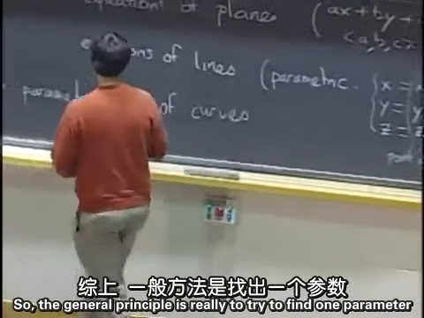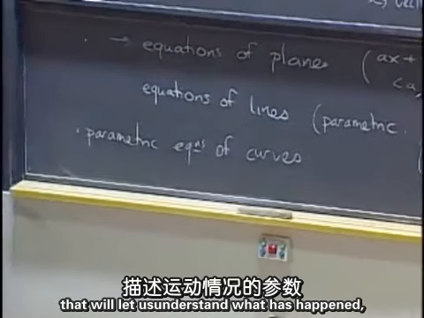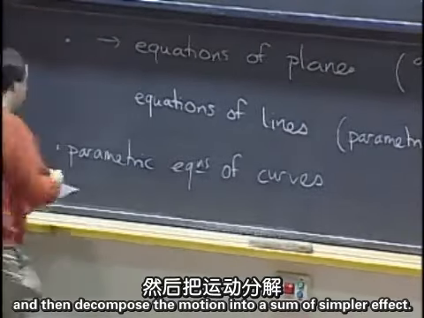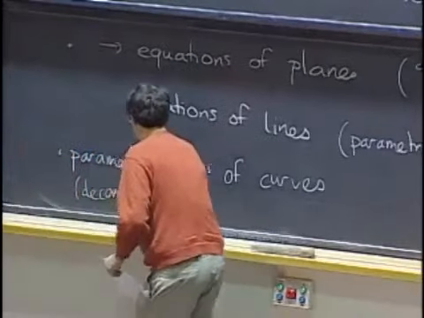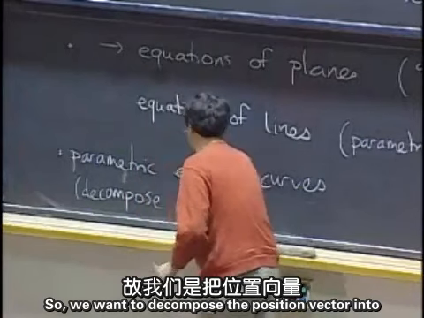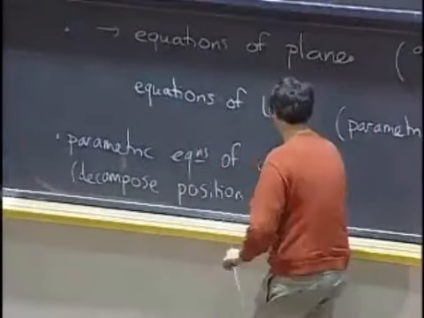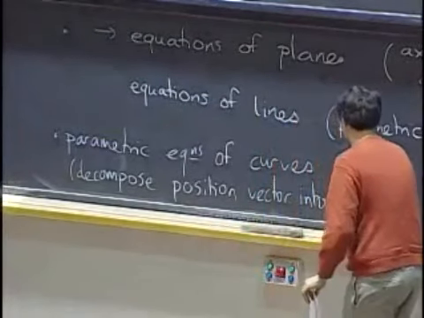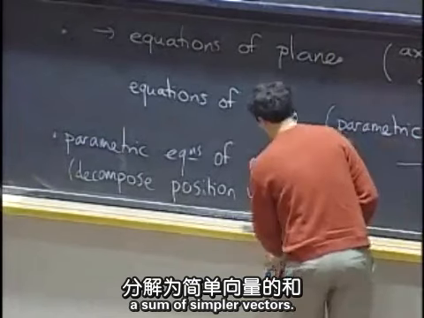So the general principle is really to try to find one parameter that will let us understand what has happened, and then decompose the motion into a sum of simpler effects. So we want to decompose the position vector into a sum of simpler vectors.